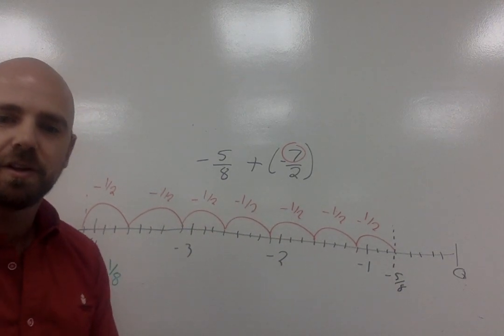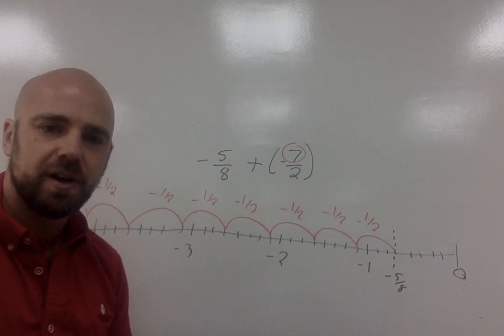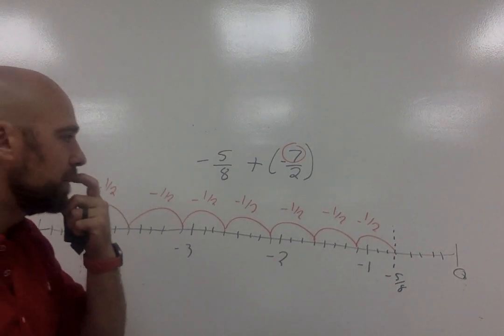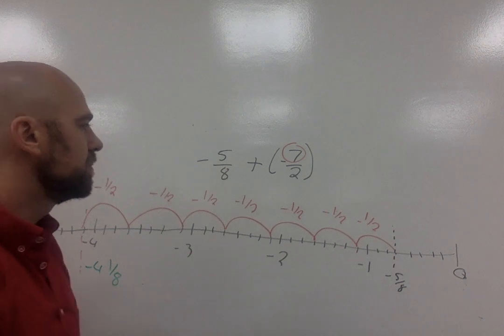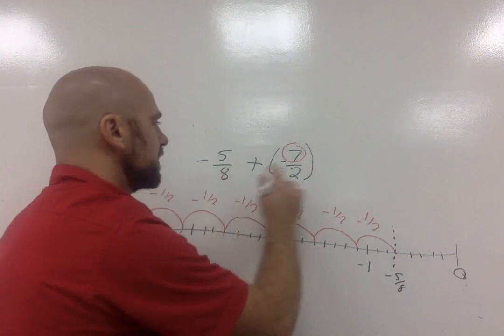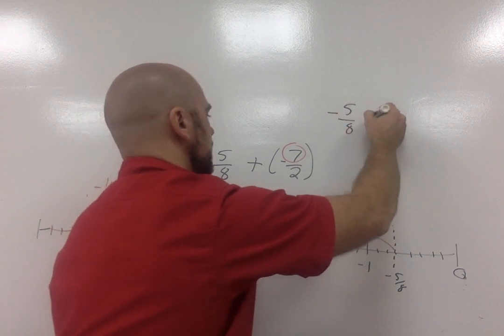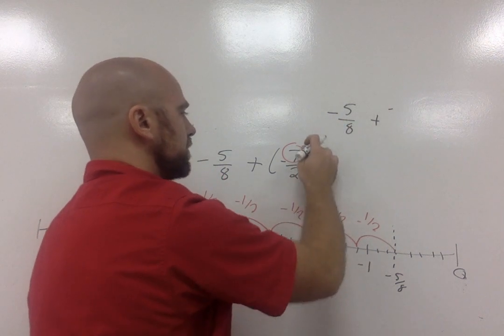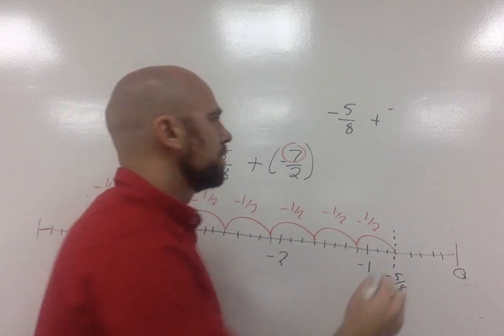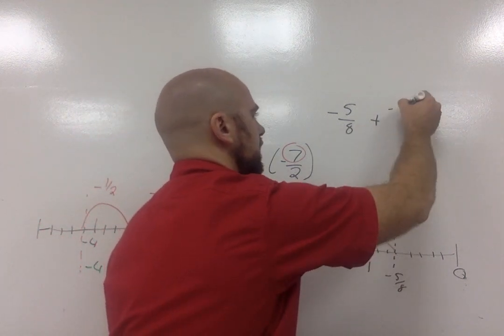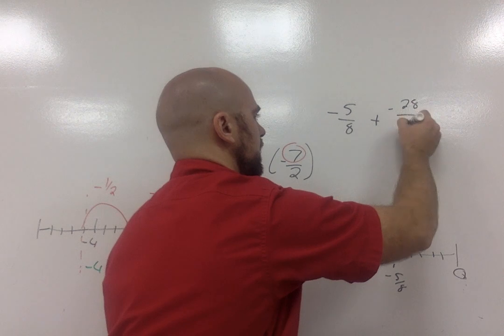Okay? If I look at it a different way, I could try to find a common denominator. So in this case, my common denominator would be 8. Okay? So I've got negative 5 over 8 plus negative, I need to multiply both of these by 4. Okay, so 7 times 4 is 28 over 8.